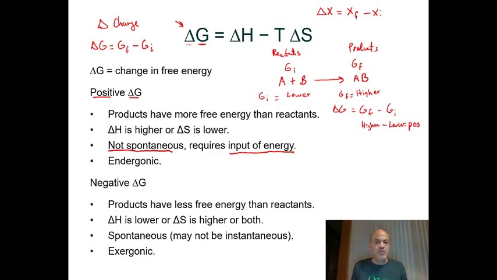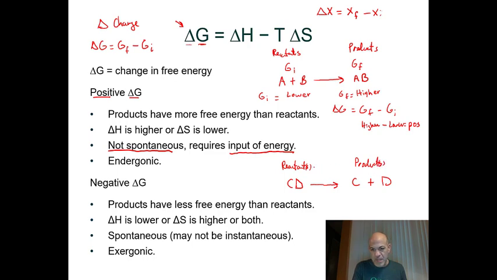So let's take another example here. Instead of A and B, let's say we start with a reactant CD, and instead of building up, we break it apart. C plus D. So we start with one particle, and we end up with two. Again, this is your reactant or reactants, and then your product.